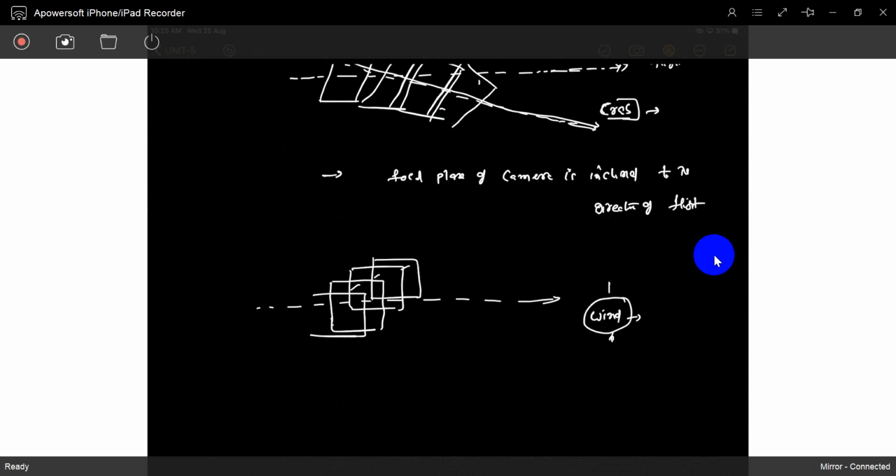It's exactly vertical, not inclined, but shifted due to the drift by the wind force.